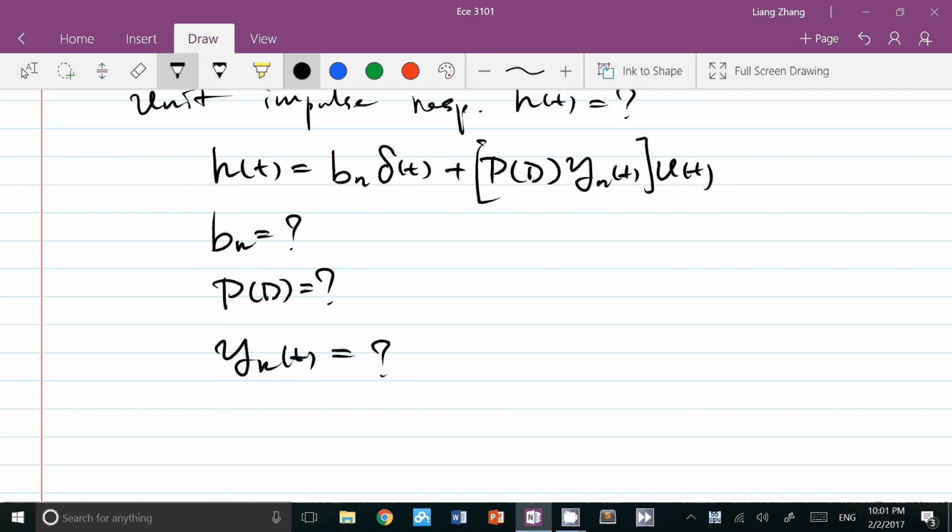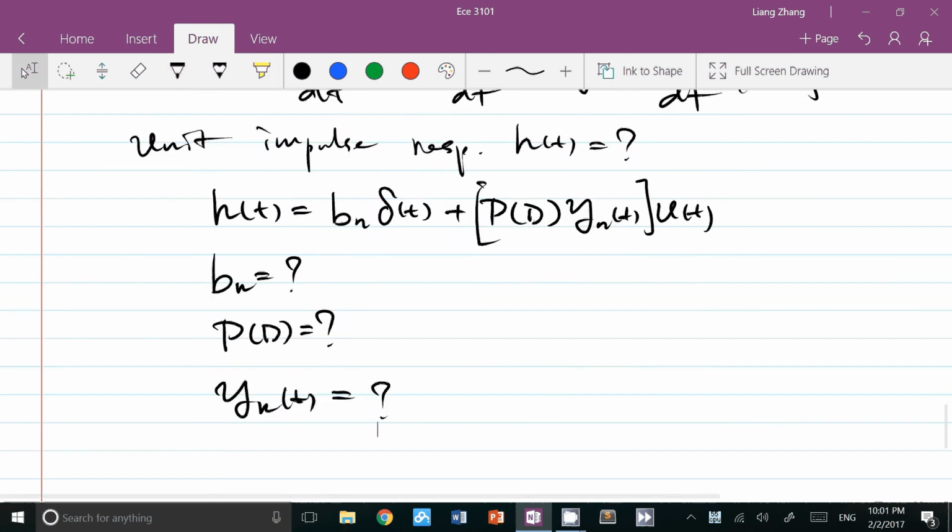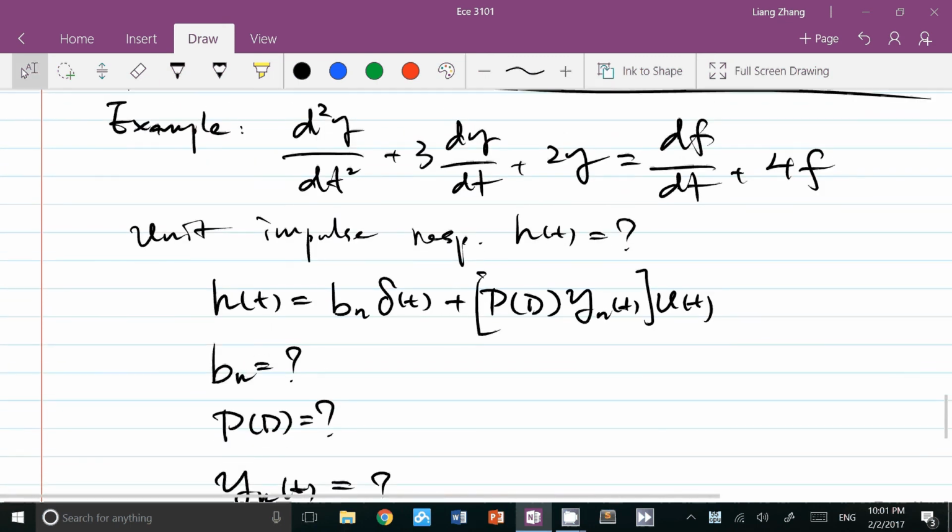Now, the first two questions can be directly obtained without any calculation. Just by inspecting the original differential equation, we know Bn should be equal to 0, since there's no second order derivative term on the right hand side, because there's no d2f/dt squared term.